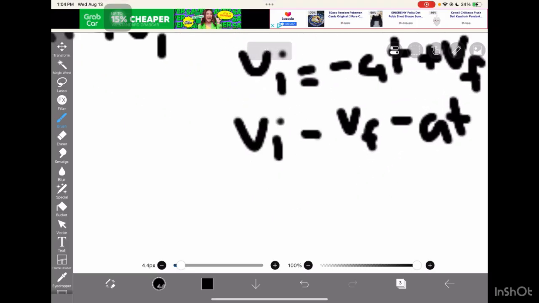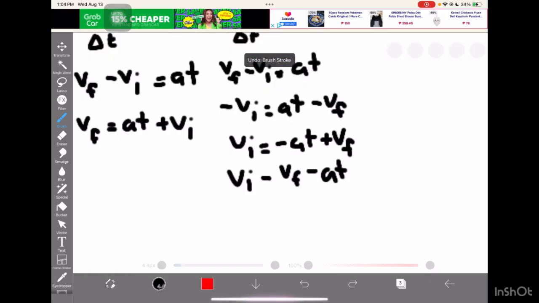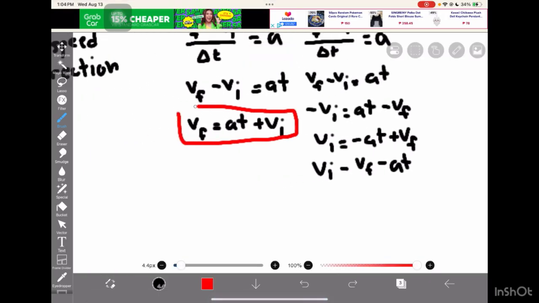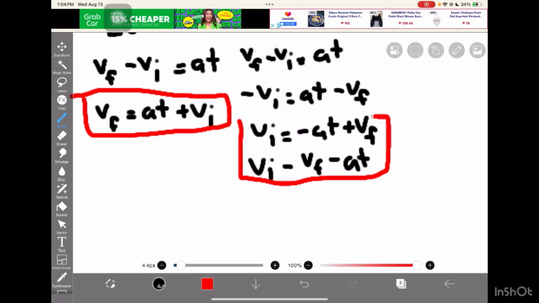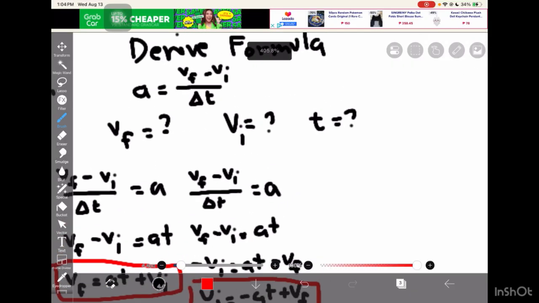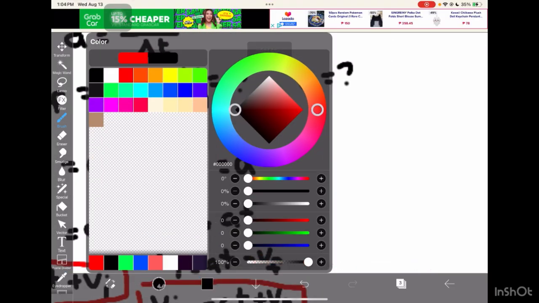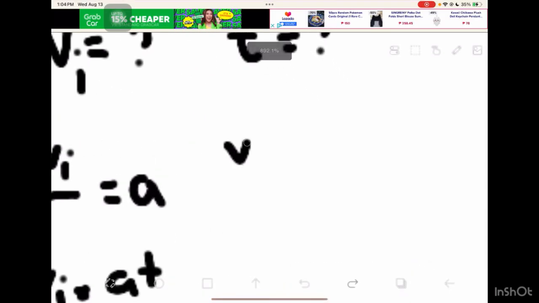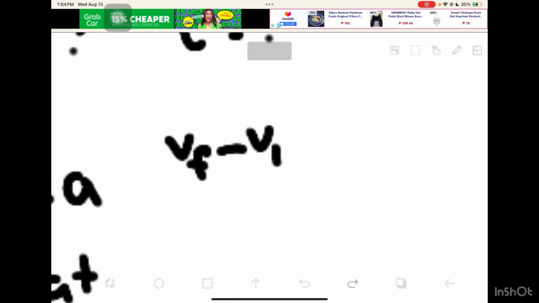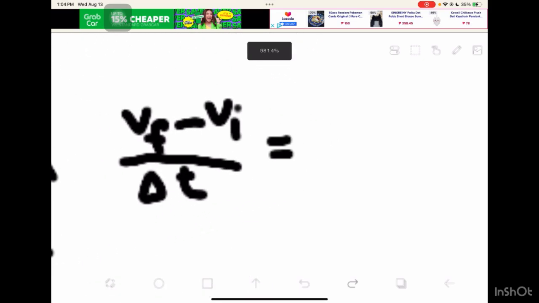So either one of these works. I'll highlight them for you. Lastly, we're gonna do t. There's actually an easier way to do t, and I'll show you right now. So v sub f minus v sub I over t, delta t, is equal to a.